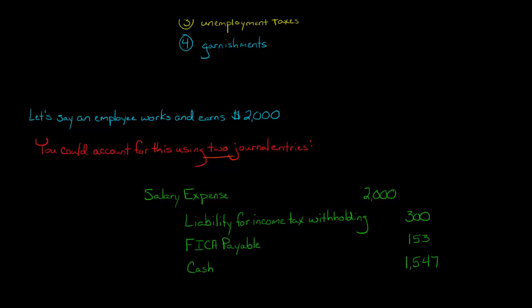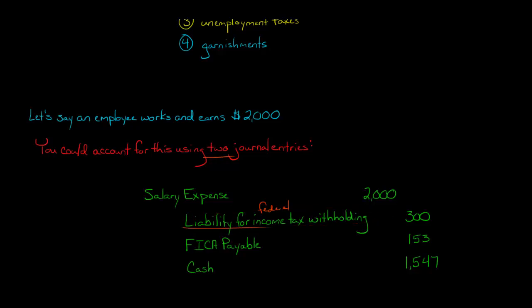Again, this withholding is saying that the government has assessed, let's just say, federal income tax. We could also have a separate line item for liability for state income tax withholding if that employee's working in a state that has an income tax. But let's just keep it simple.